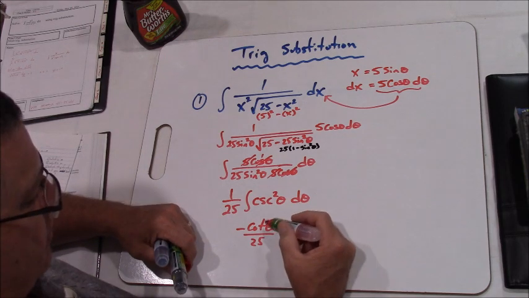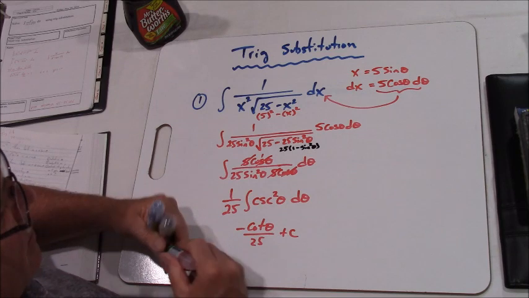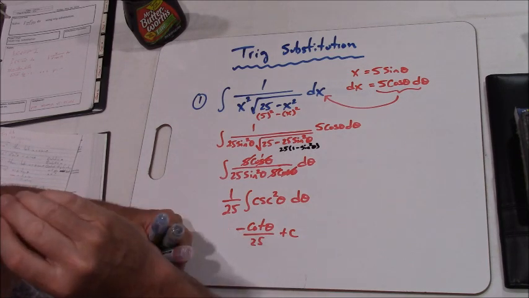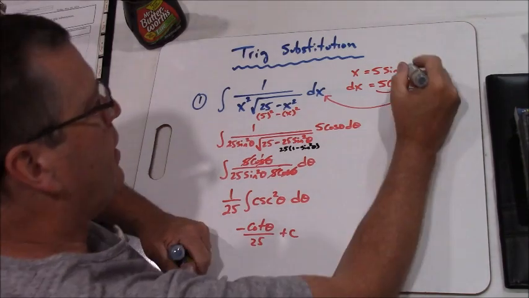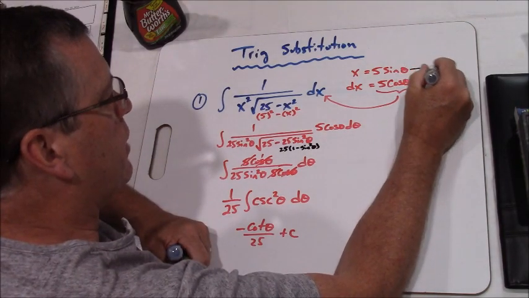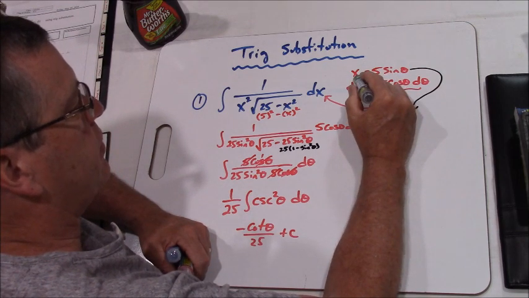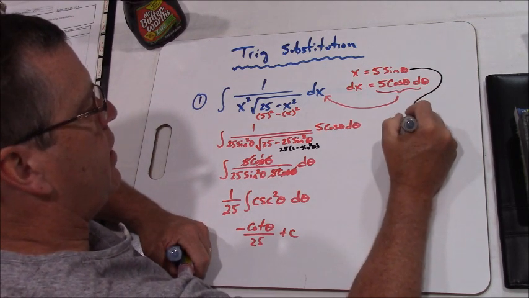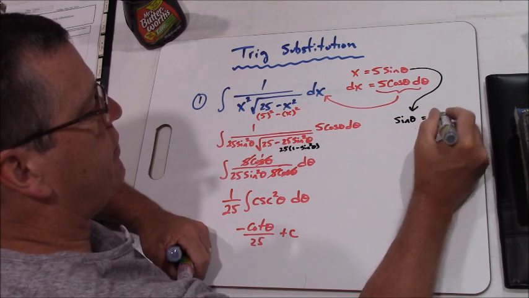So I now have to convert this answer back to something that has to do with x's. And so to do that, I have to go back to this original piece right here and say, if I move that 5 over and divide, then the sine of theta is equal to x over 5.